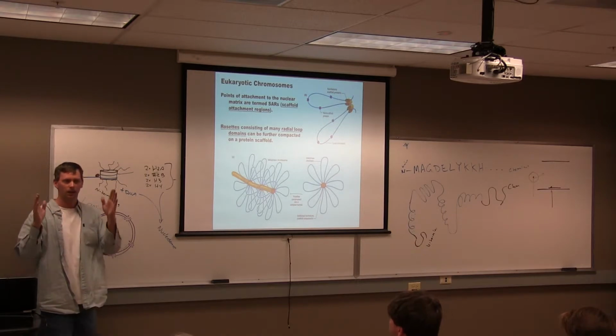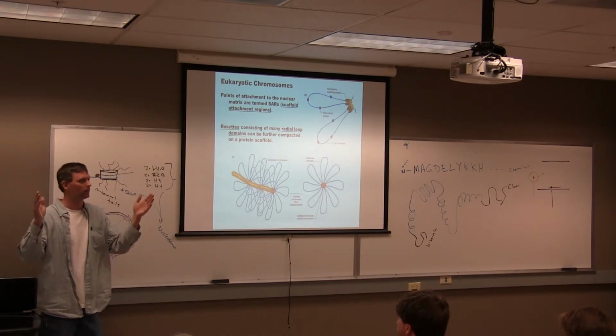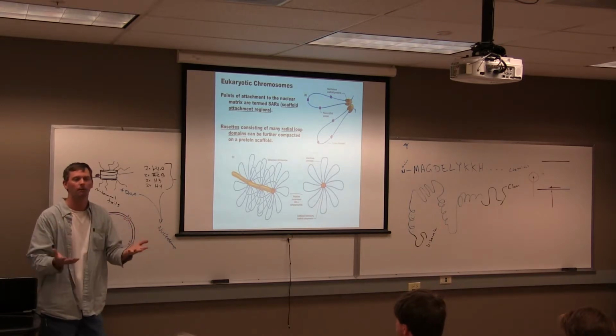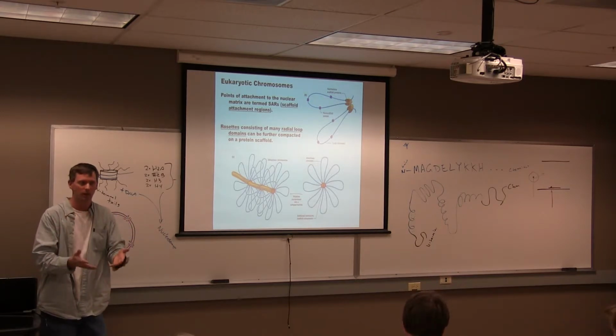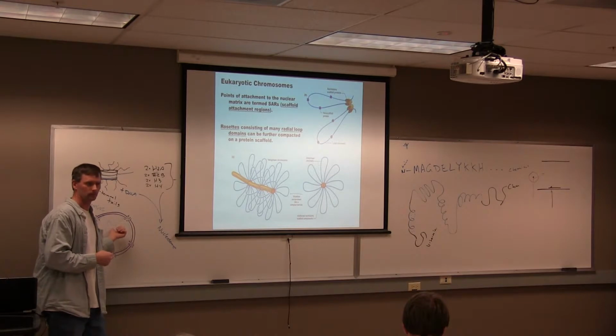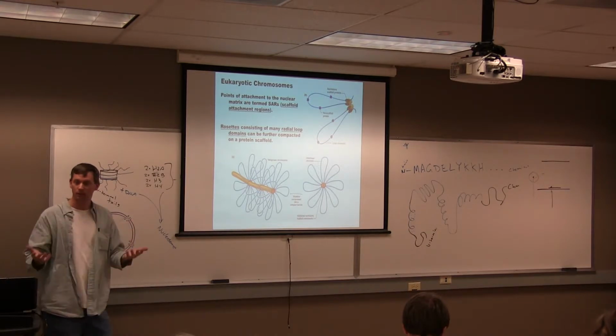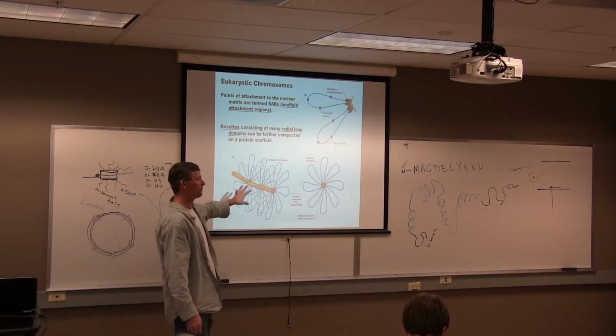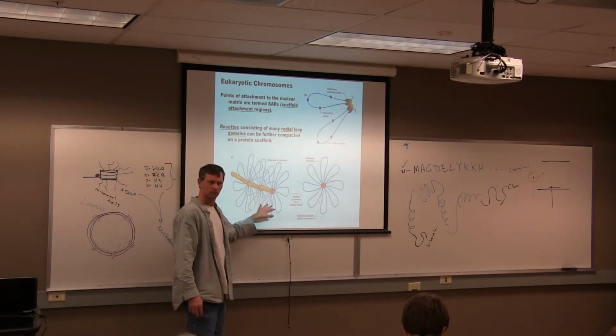Remember we said the ALU is that 350 base pair thing that appears a million times in our genome. There are other sequences that appear often in our genome. Those things bind to this. There's a reason we have them, not just that they're selfish. They perform a function of compacting the DNA like this.